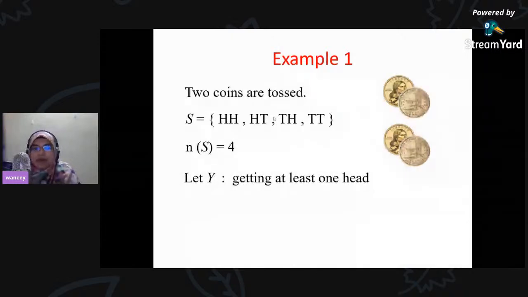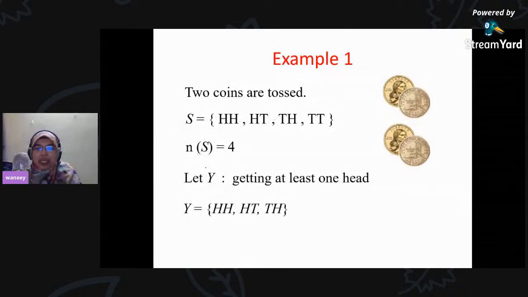Let's say Y is now an event. Let Y be an event of getting at least 1 head. What are the possible outcomes for them? Getting at least 1 head. The possible outcomes for Y are either 2 heads, or HH, or head for the first coin, tail for the second coin, or tail for the first coin, head for the second coin.